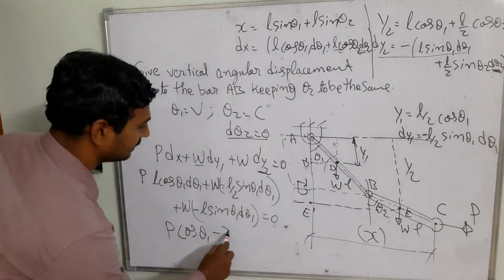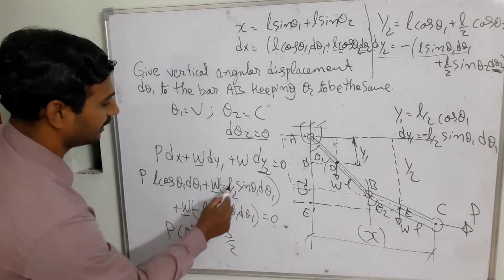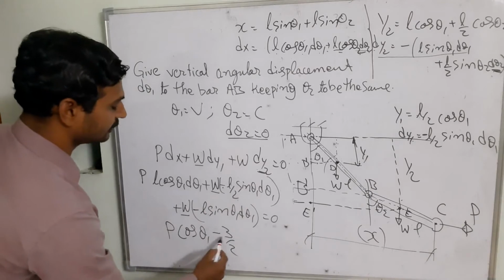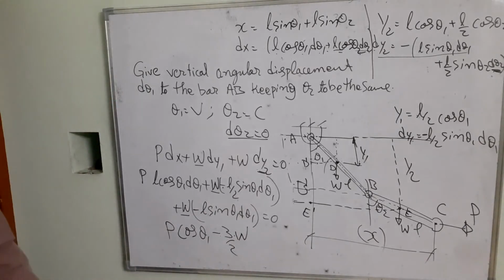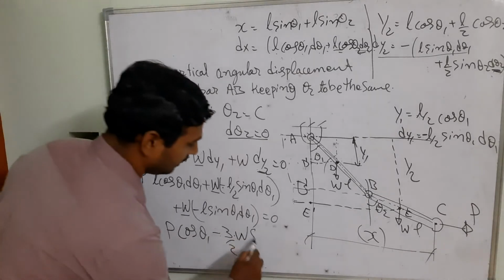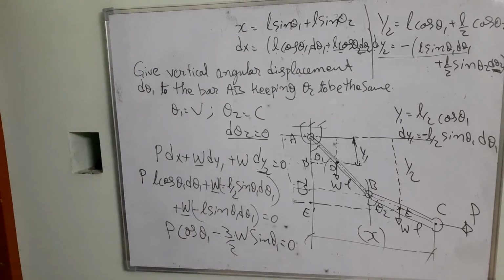minus 3 by 2, because W is there in both terms, and when I take the LCM, that's minus 3 by 2 into W sin theta 1 equal to 0. So if you have the P value, we can calculate tan theta 1.